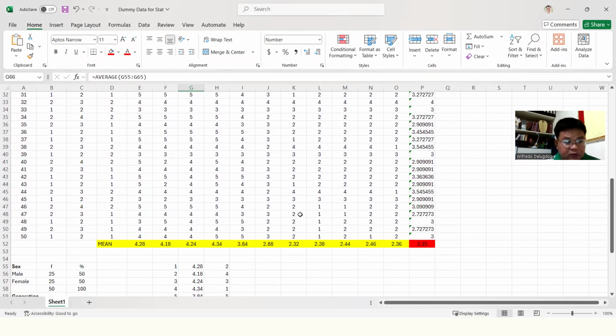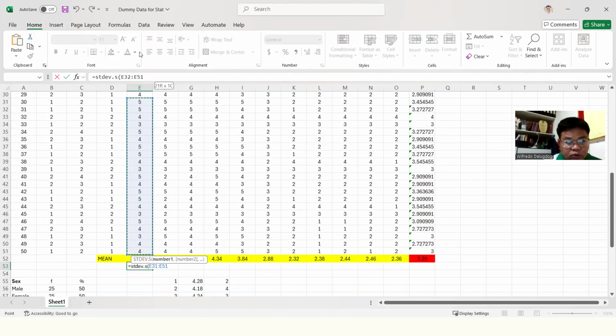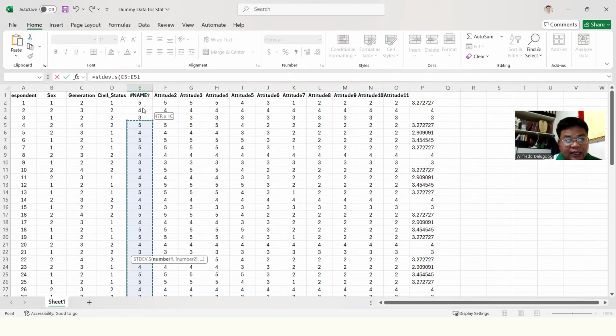We have to put our formula here: STDEV.S, and then select all the data to be computed, from 851 to 2.